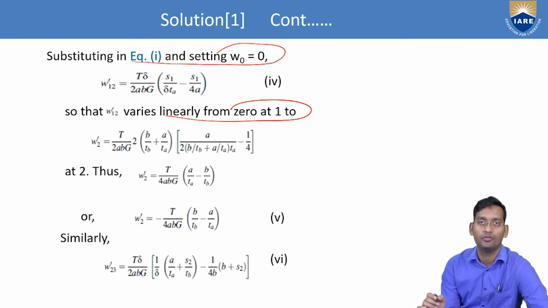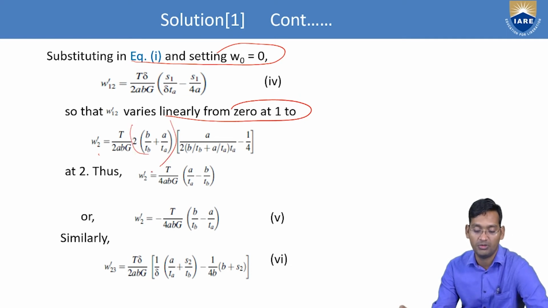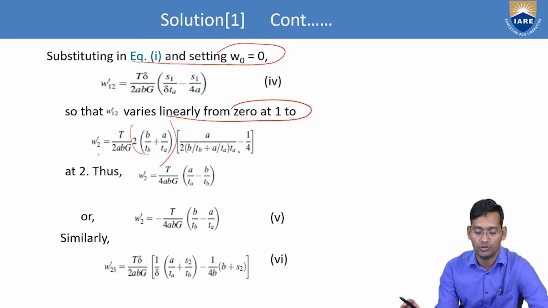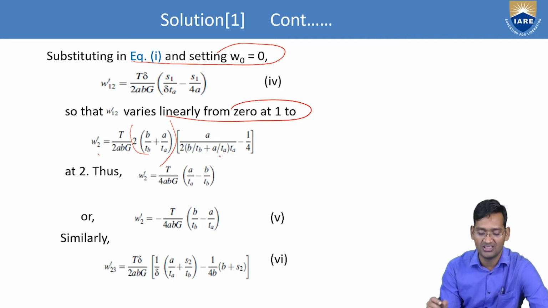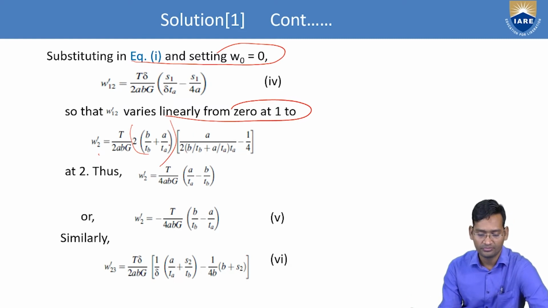Now for W dash 2, we are finding T by 2ABG into, this is the delta value, 2 by B by TB plus A by TB. That time this is positive, and 1 by 2 into B by TB plus A by TB into TA minus 1 by 4. Again take 1 by 4 common, in the same way as before, so here that will be 2, and take the LCM.